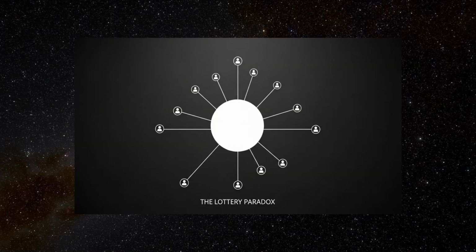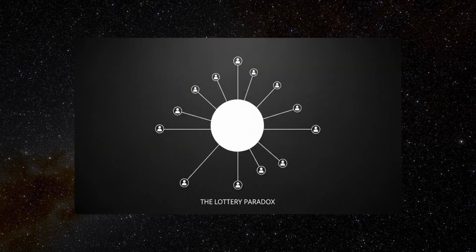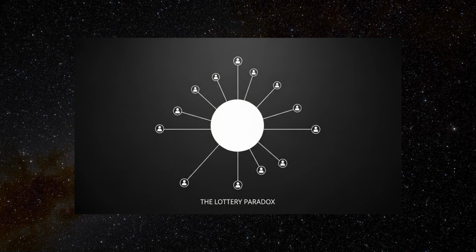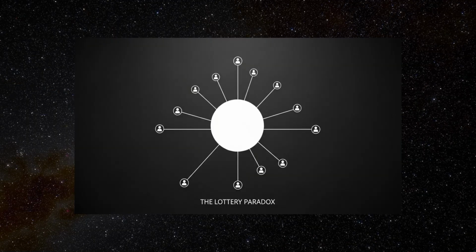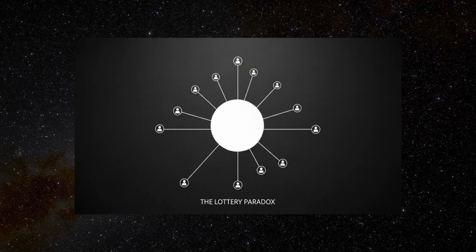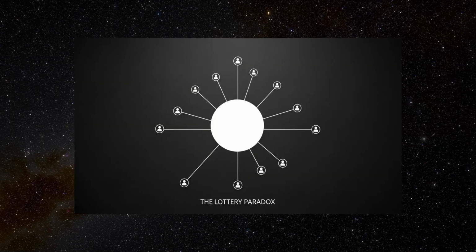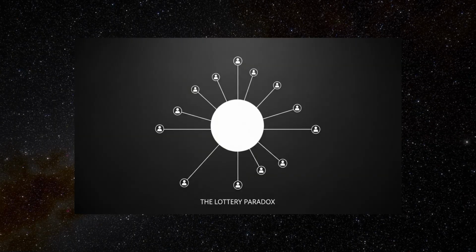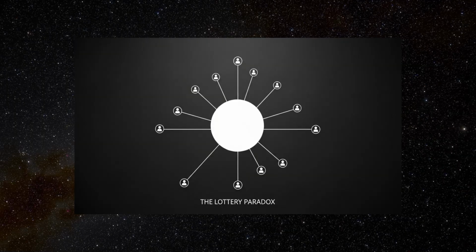Another approach is to revise the standards for rational belief, suggesting that high probability is not enough to warrant belief, perhaps only certainty or near certainty should suffice. Others explore non-classical logic systems or probabilistic epistemology, where belief is treated not as a binary, true or false, but as a spectrum, allowing for degrees of belief without committing to outright belief in any specific outcome.